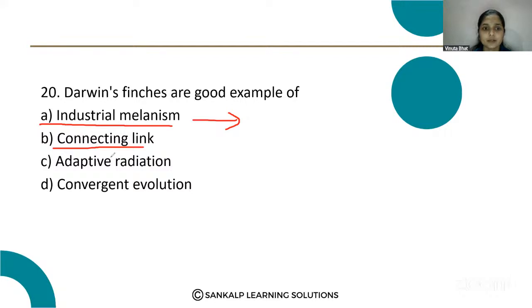Convergent evolution is due to analogous organs, because they perform the same function but their anatomy is different. Here the correct option is adaptive radiation, that we know.